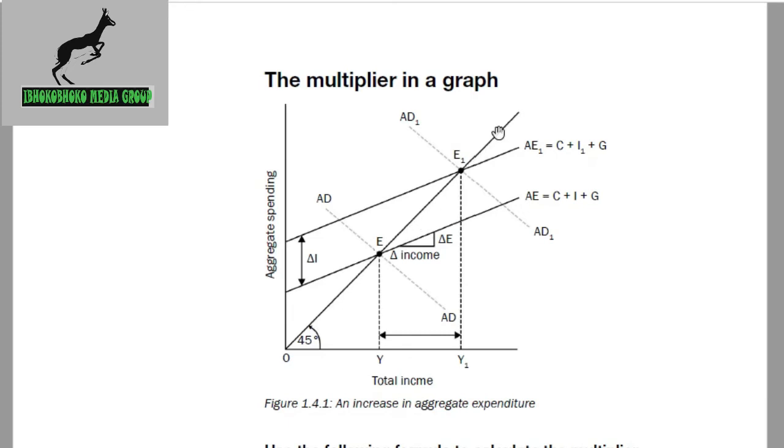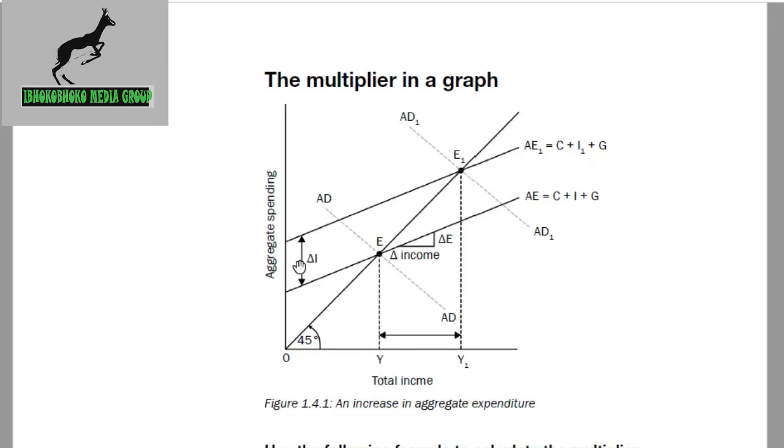So at every point along this line, income and expenditure are equal in the economy. So here we have our original equilibrium. Y is the original income.